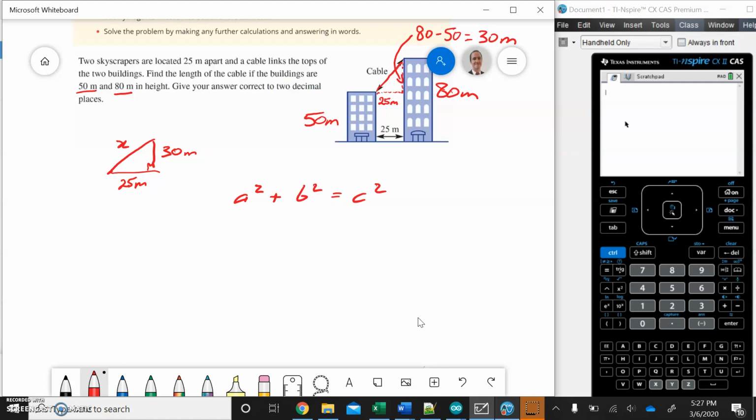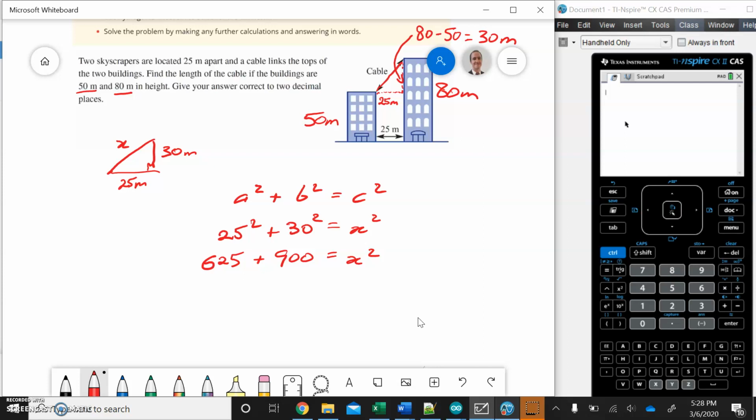Now, c here is always going to be my hypotenuse, which is x in this case. So I can write x squared over there. And a and b are the shorter sides, so I'm going to choose a to be 25 and b to be 30, substituting those values in. 25 squared is 625, and 30 squared is 900, and that's equal to x squared.